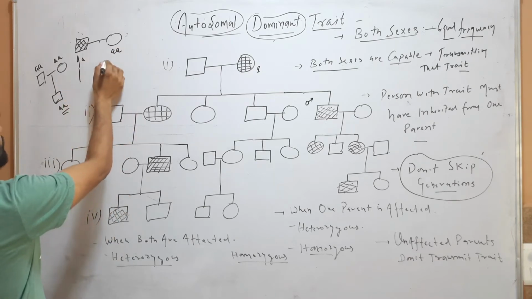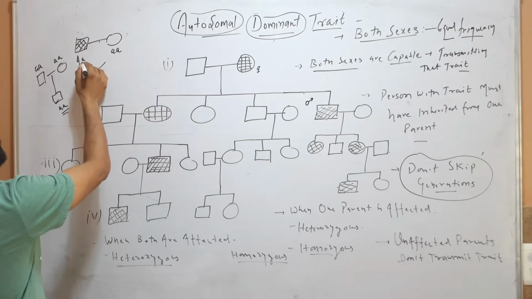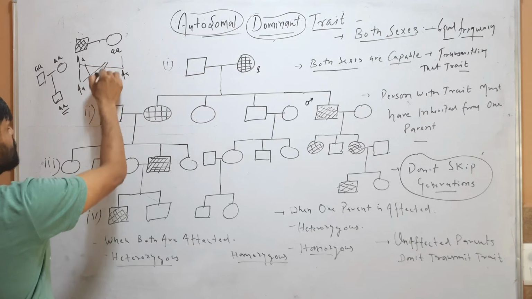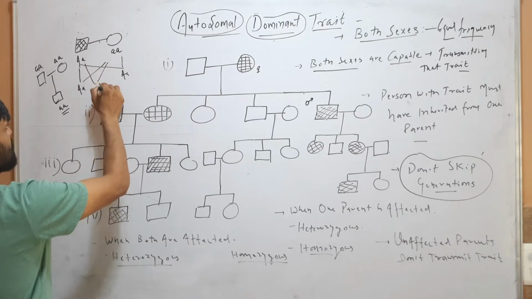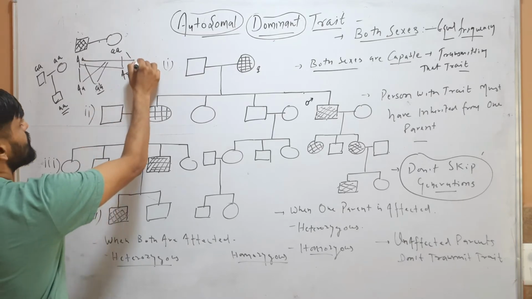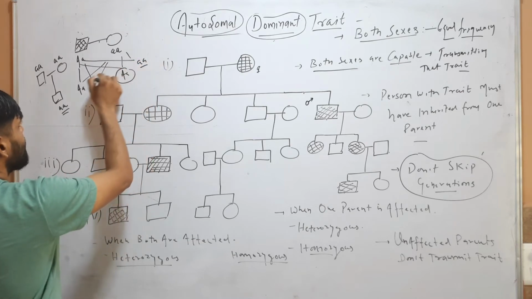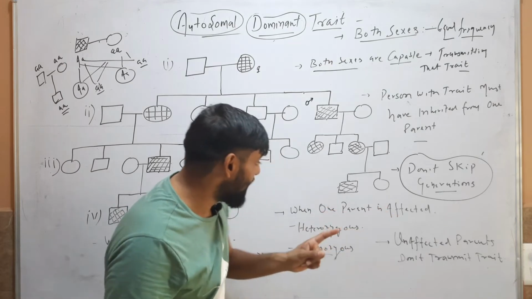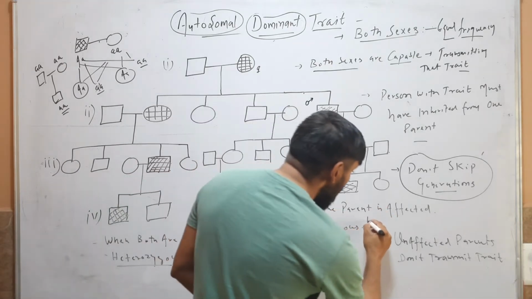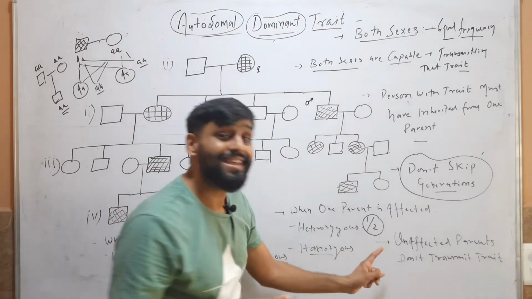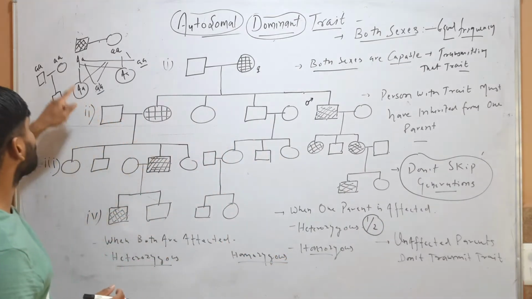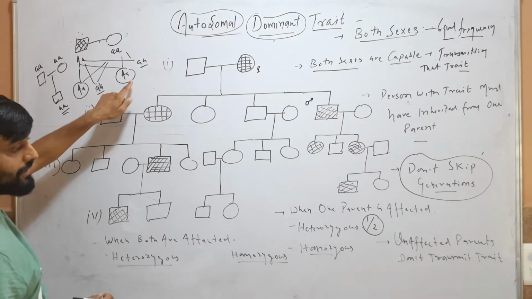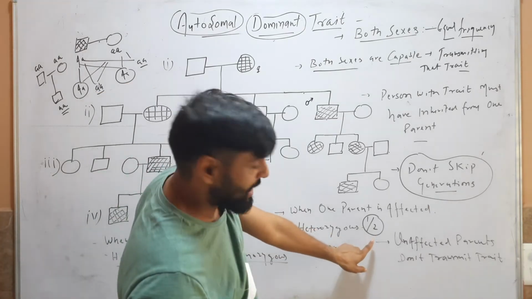Then the cross is capital A, small a, with small a, small a. Here you can see that when one parent is affected and heterozygous, then half of their offspring will be affected. So here this one and this one, out of 4, 2 are affected. So half of the offspring are affected.